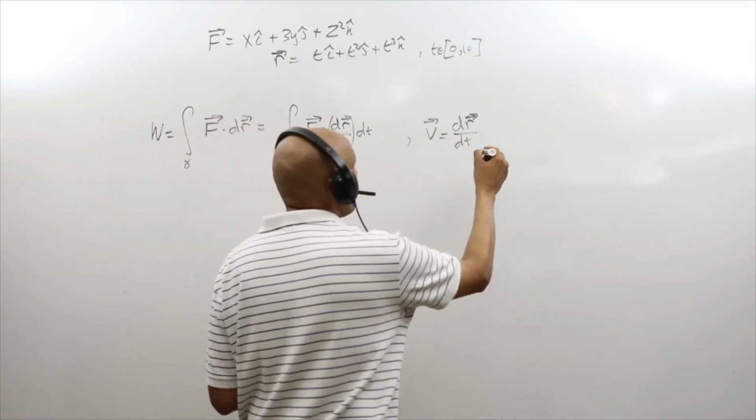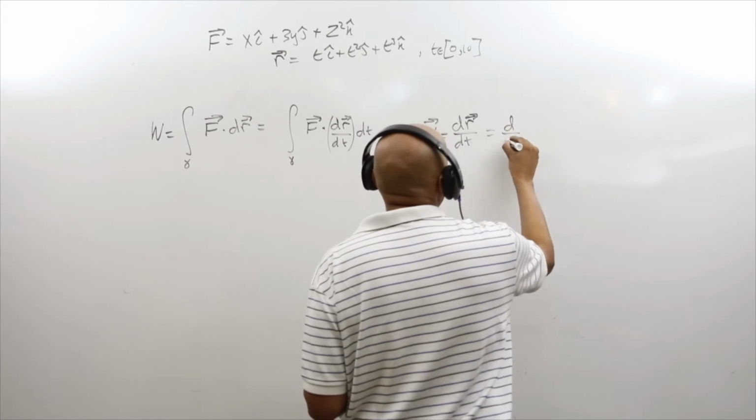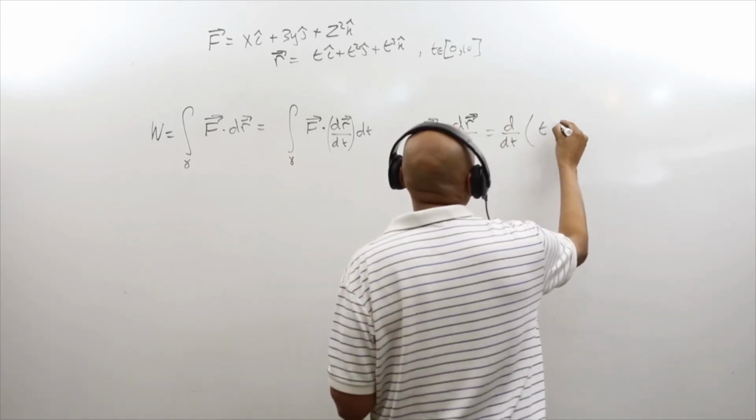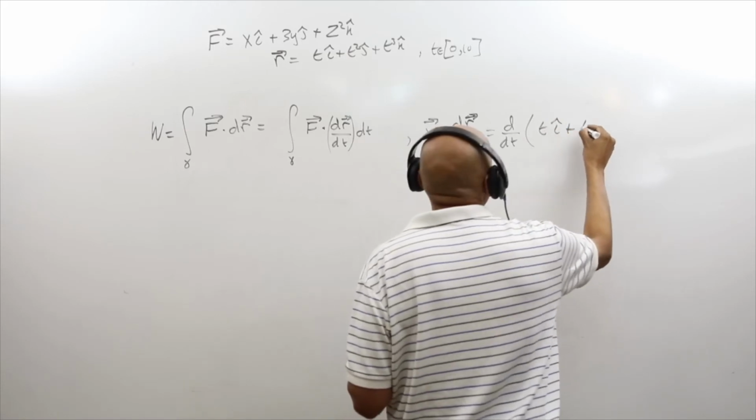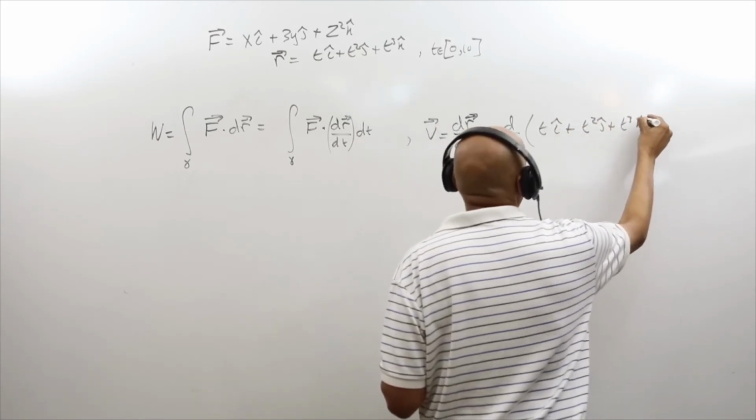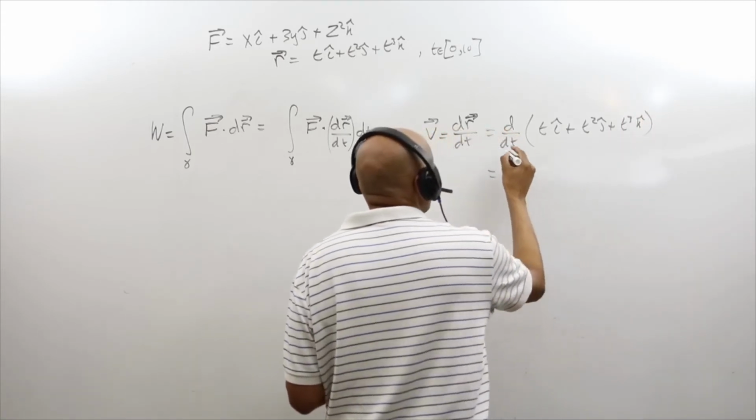Let me do it over here. So this is the derivative with respect to time of the position vector, in this case ti plus t squared j plus t cubed k. I take the derivative.